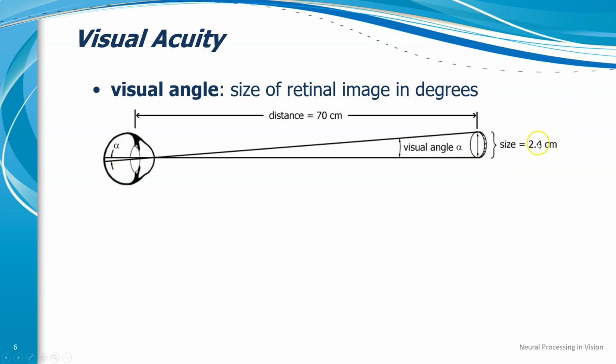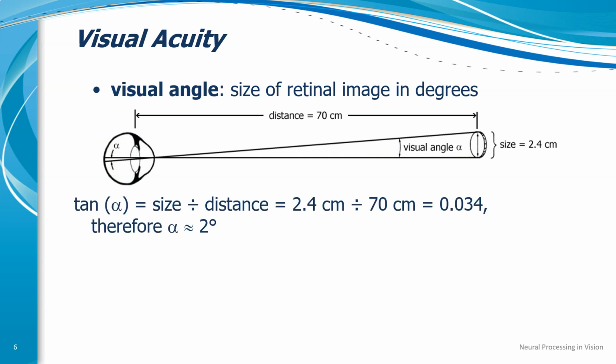So a quarter is about 2.4 centimeters in diameter, and arm's length is approximately 70 centimeters. So we have the distance, and we have the size of the stimulus. Next, we have to calculate this angle back here that's cast on the retina. Why angles? Well, you can see that the retina is a bit curved. It kind of makes sense to talk about it in angles, and the particular formula does take into account size and distance.